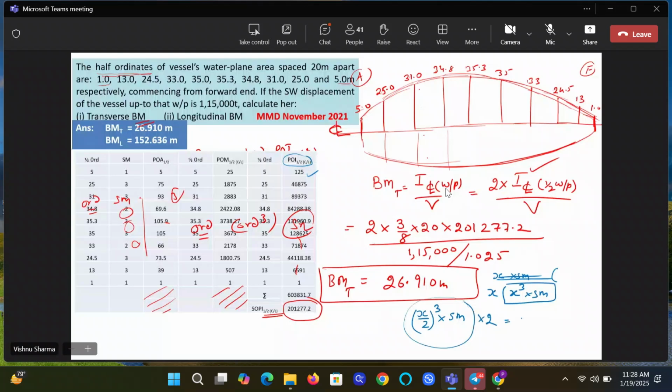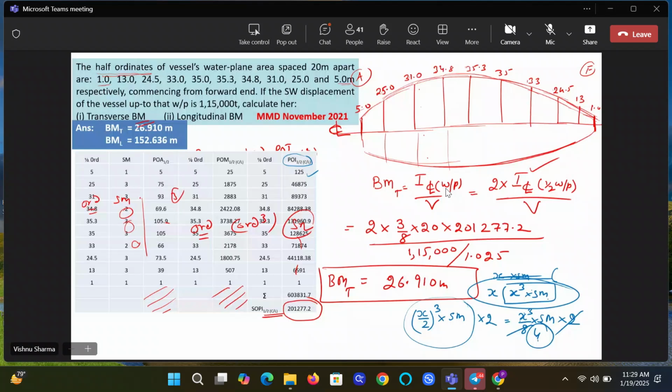So what will it translate into? X cube by 8 into Simpson's multiplier into 2. The two answers cannot be same. Here it is x cube into Simpson's multiplier. Here it is x cube into Simpson's multiplier by 4. There is a difference between the two answers. They cannot be same. I don't know how you are saying you got the same answer. You cannot get the same answer.